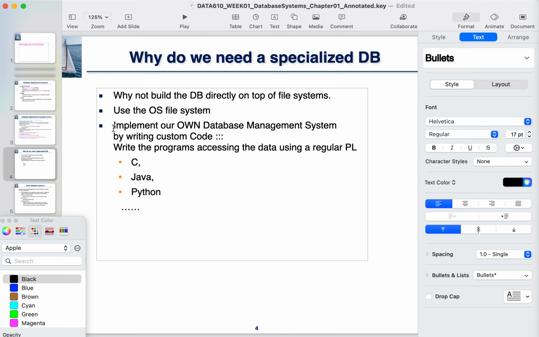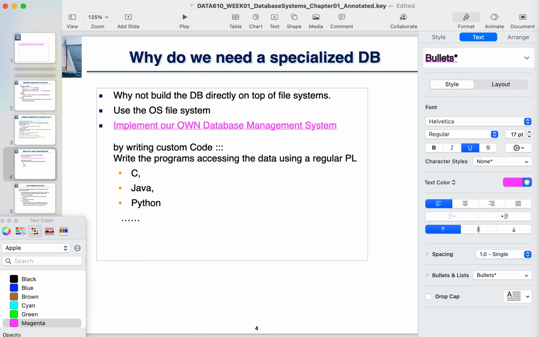We could implement our own system if we wanted to. But why do this when the database management systems already exist that are ready to use? And what do we mean by database management system?